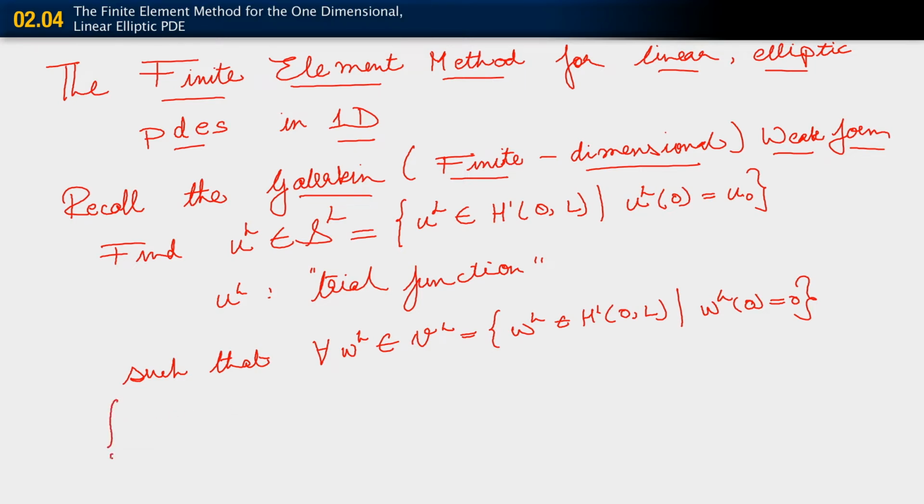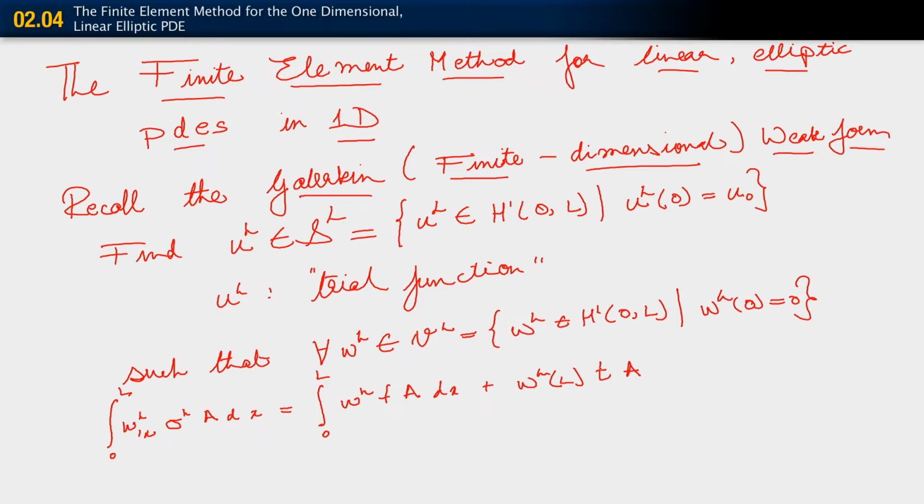Integral 0 to L of w^h_{,x} sigma^h A dx equals integral 0 to L of w^h f A dx plus w^h at L times T A. Okay, that is our finite dimensional or Galerkin weak form.